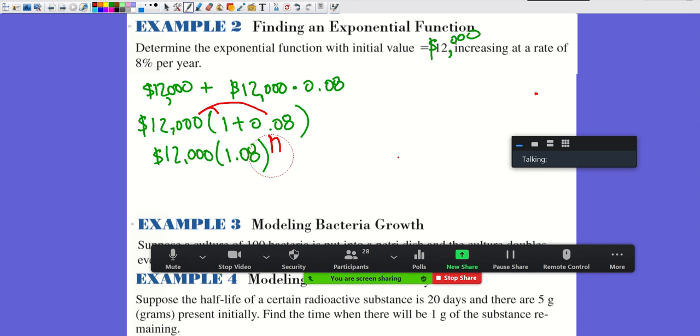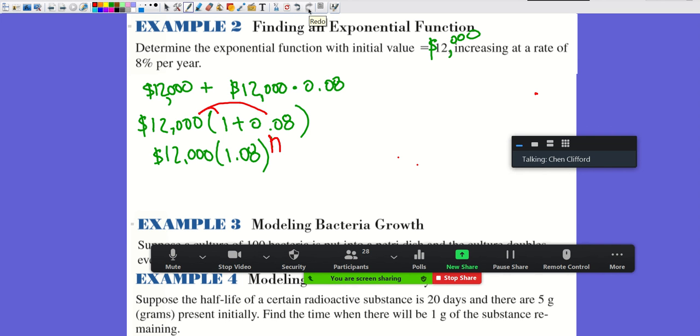Now let's say you want to work backwards. Let's say there was a problem and it said, I want you to find out how long it takes to get $18,000.